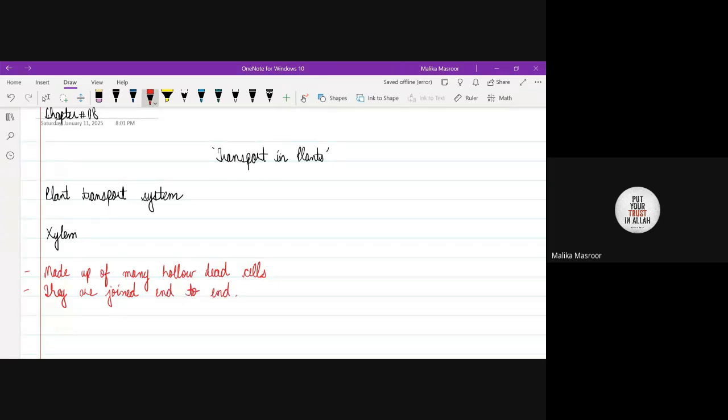So the end walls of these cells have disappeared. Basically, a long, large tube is formed. These are xylem vessels.